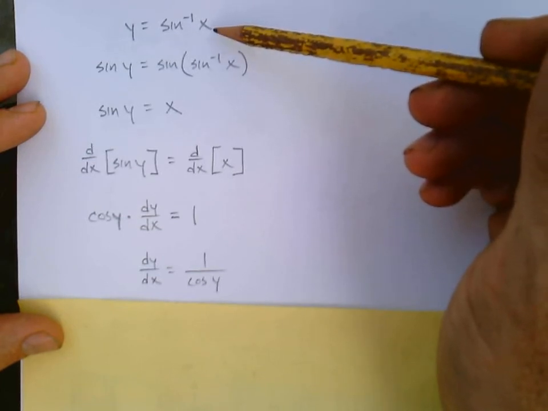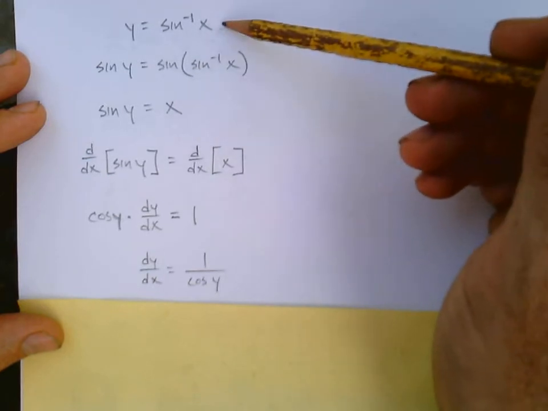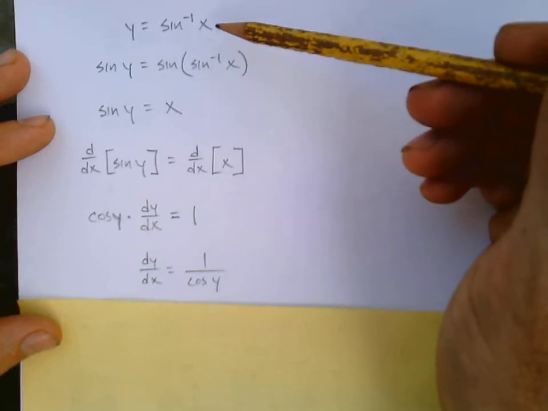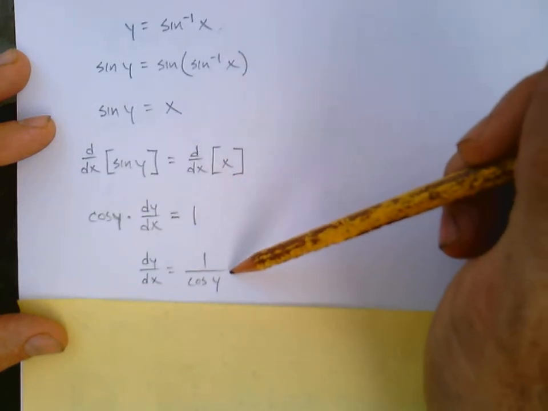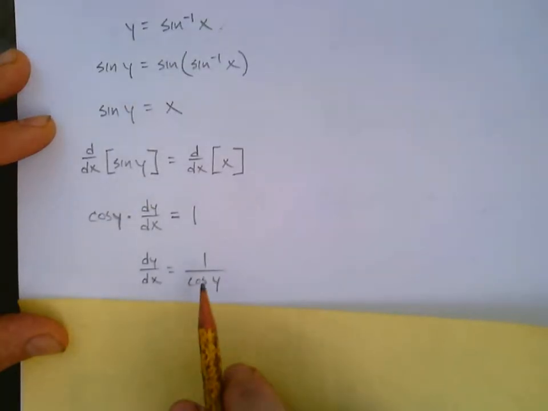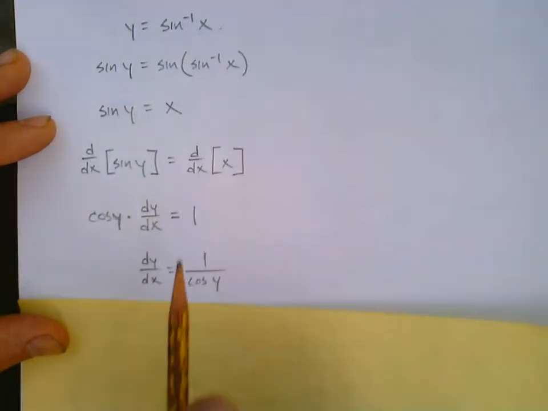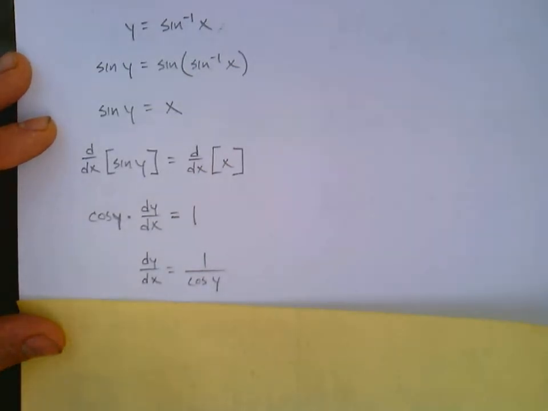Inverse sine of x, that is a legitimate function. We wrote it as an implicit, but it is a function. Okay, so whenever we have a function, we really want the derivative to be expressed in terms of x. We don't want it expressed in terms of y. We wanted the x value, right? That's how we normally do these things. Okay, and we can get it.